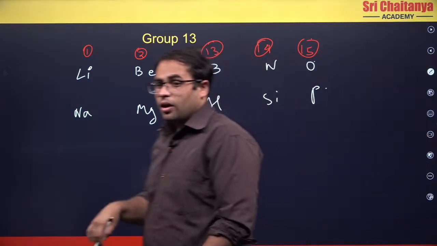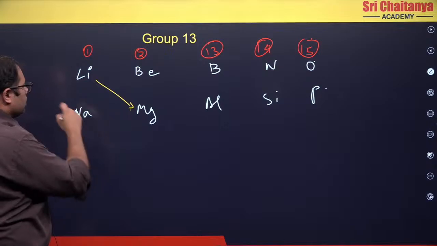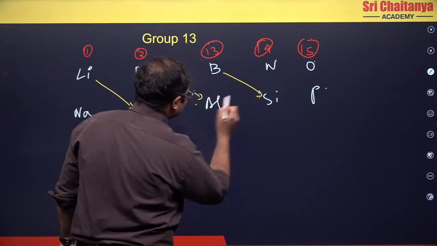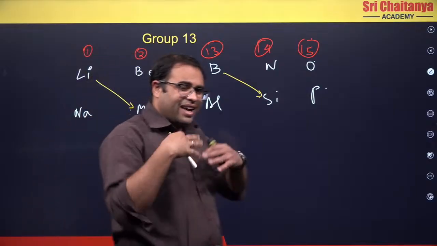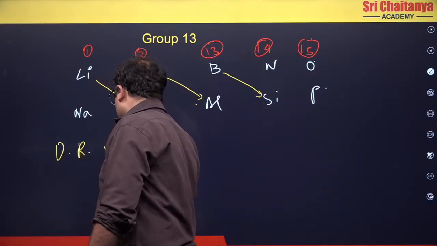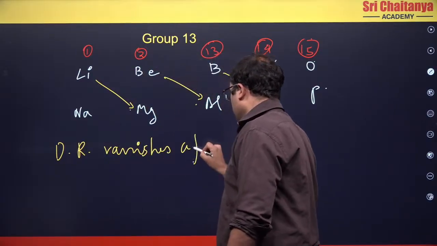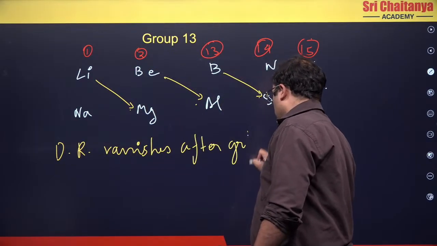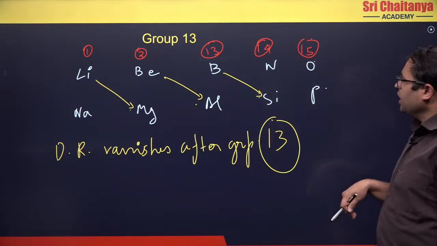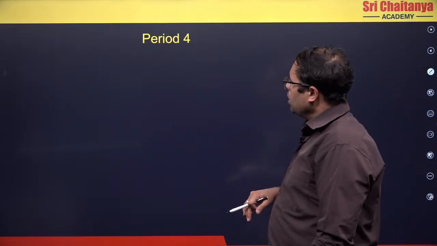Now, which elements have the relationship? Lithium and magnesium, beryllium and aluminum, boron and silicon. This diagonal relationship vanishes after group 13. Sorry. So after group 13, you will not have this relationship. This is your diagonal relationship.